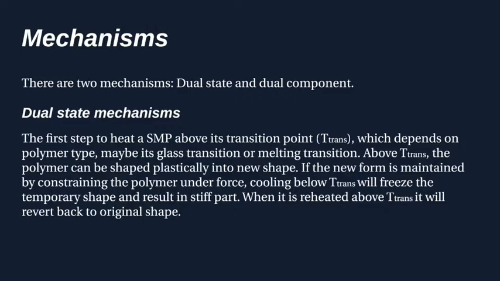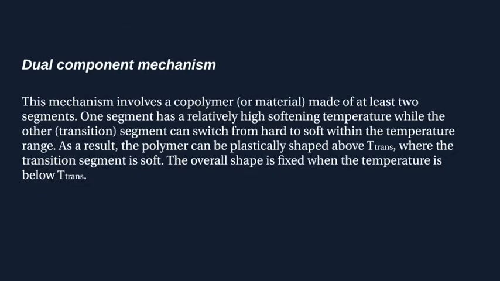When you cool down, that part becomes really stiff. But when you increase the temperature, it goes back to the original shape. So you have dual state. And the second one is the dual component.